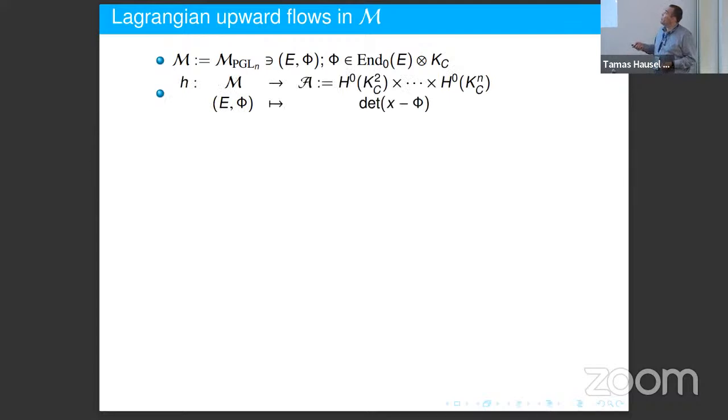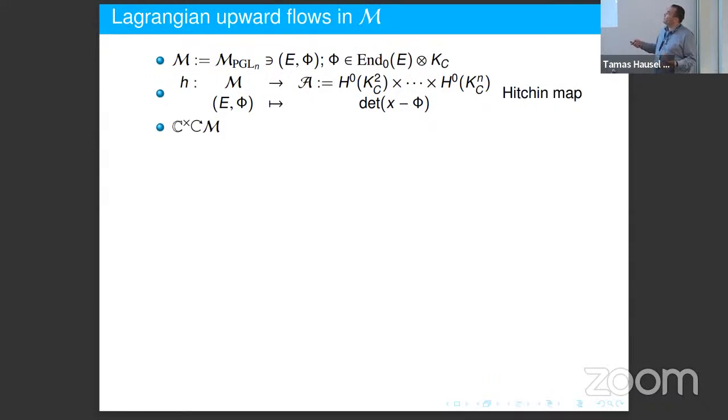And the Hitchin map takes a much more explicit form. In this case, it's just the characteristic polynomial of the Higgs field, whose coefficients live in sections of higher powers of the canonical bundle. And so this will give us the Hitchin map.